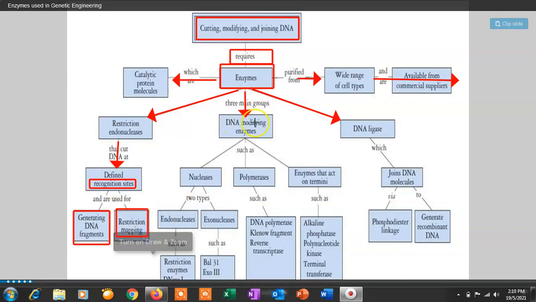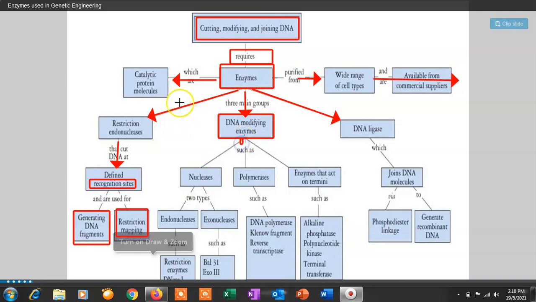Then the DNA modifying enzymes are the second type of enzymes used in cutting, modifying and joining DNA molecules. As the name suggests, they modify the DNA molecules. There are three different types of DNA modifying enzymes.